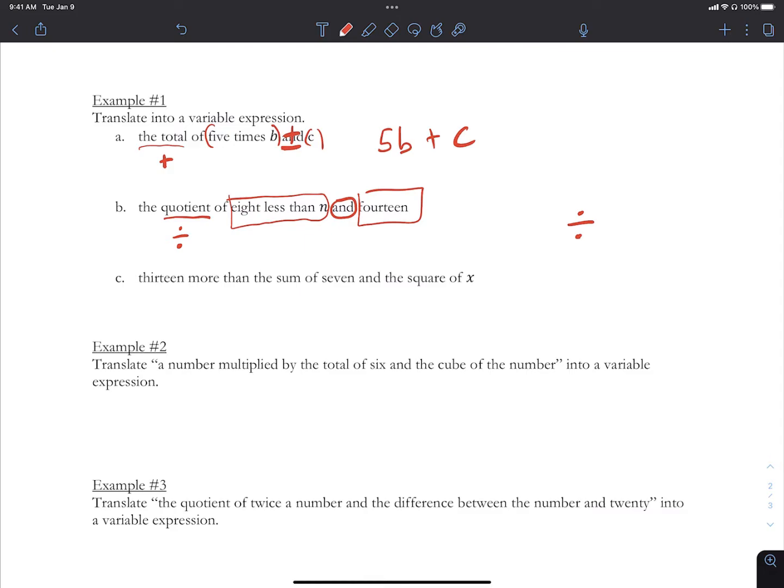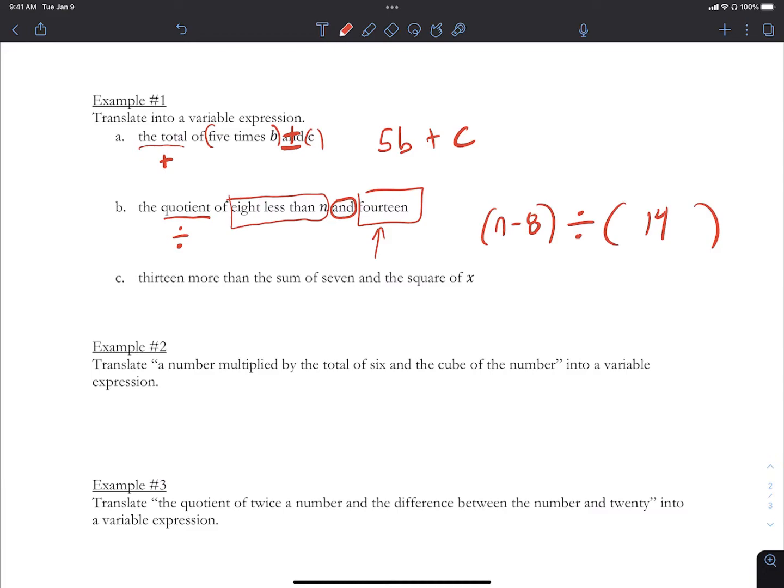So 8 less than n, remember we just went over less than, that's where the order switches. So you're actually going to write that as n minus 8. I'm going to put that in parentheses so that order of operations holds true, because we're taking two objects and dividing them by one another. My first object is n minus 8. The second object is the number 14.